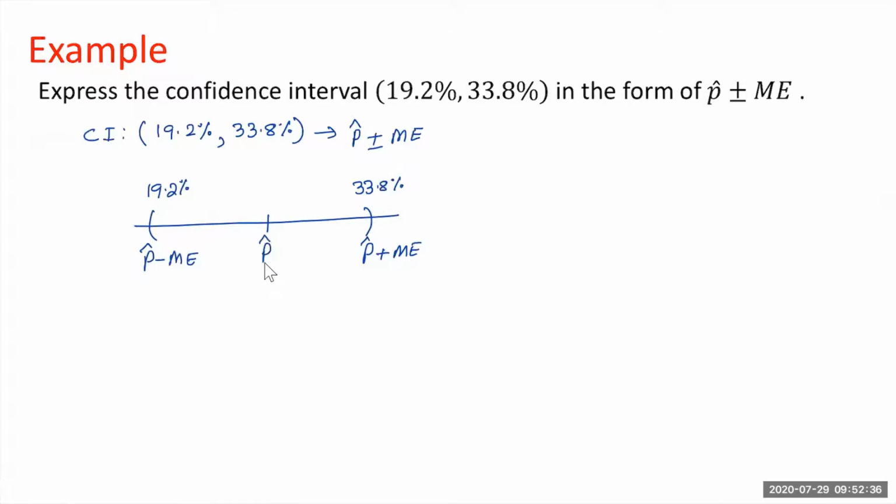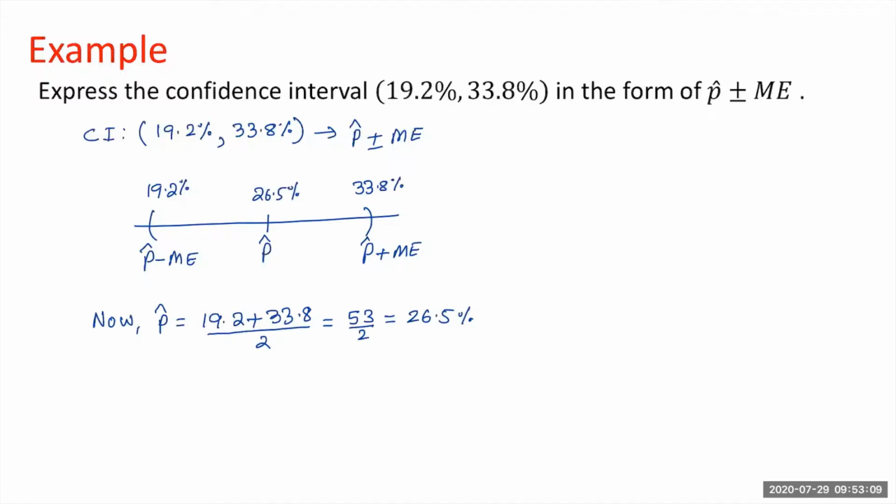So your p hat, which is in the middle, is equal to 19.2 plus 33.8 divided by 2. 19.2 plus 33.8 is 53, divided by 2, and 53 divided by 2 is 26.5%. So this value in the middle is 26.5%.